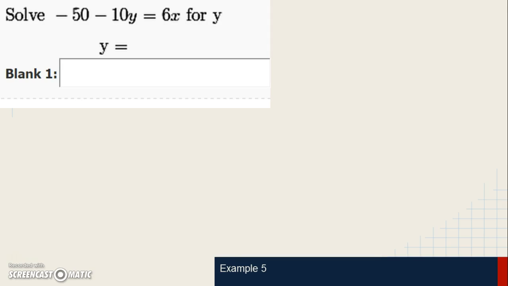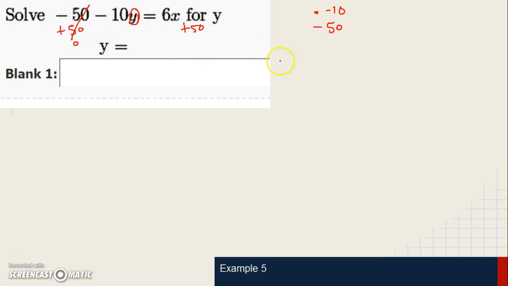Example 5. We're solving for y. What's happening to y? It's being multiplied by negative 10, and it's being subtracted from 50. I begin my inverse operations. I add 50. This is an identity, 0.